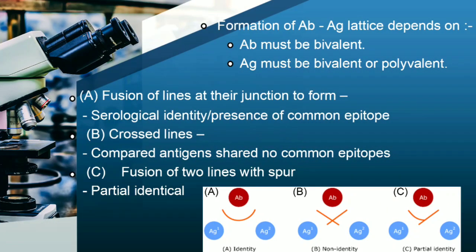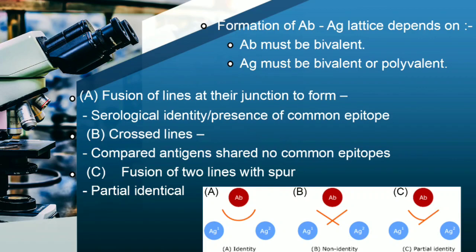Some visible patterns of antigen and antibodies are shown in the images. These show that the formation of antibody-antigen precipitate is based on lattice structures. Antibody must be bivalent, and antigen must be bivalent or polyvalent.